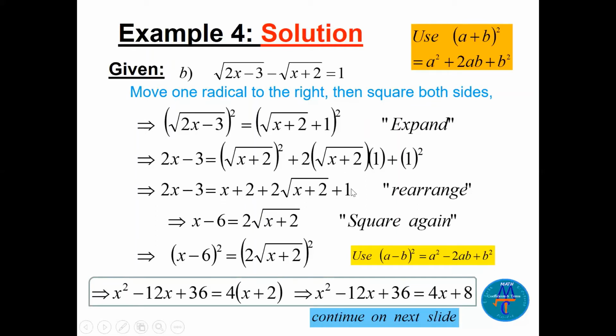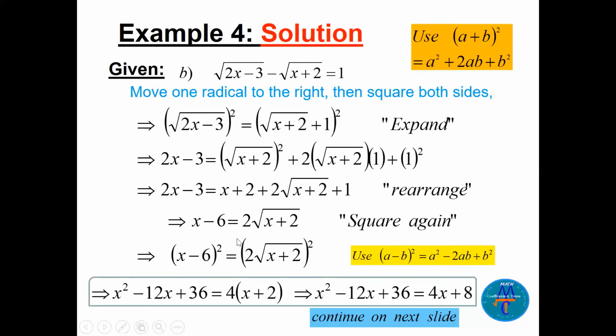Rearrange again. All this equation, you have to rearrange it until you reach, you can check it please, x minus 6, 2 square root of x plus 2. Square again, and we know that. Square again, because we have to remove these radical here.